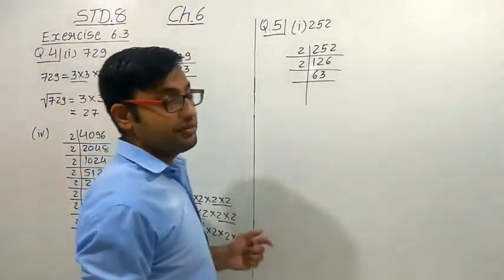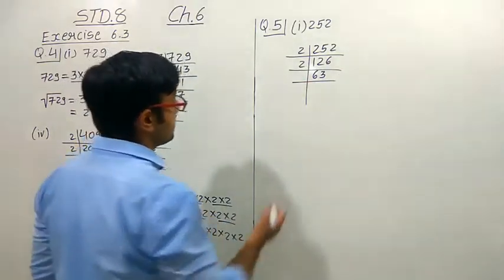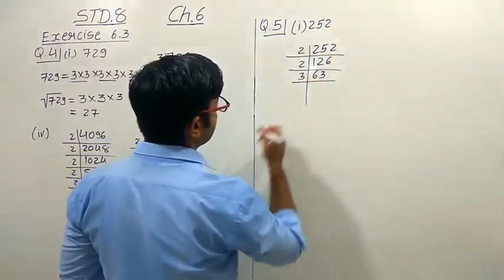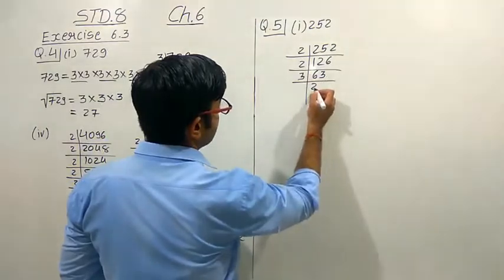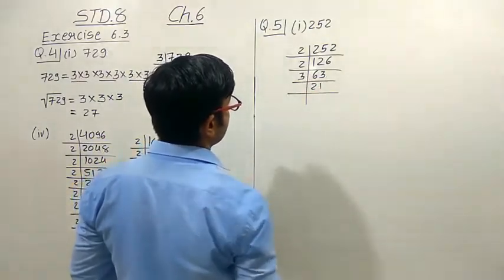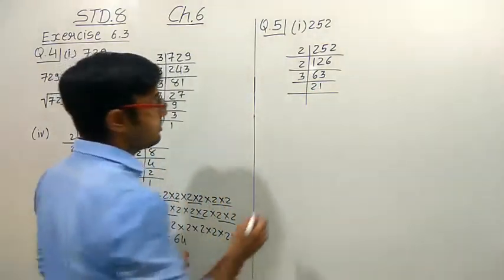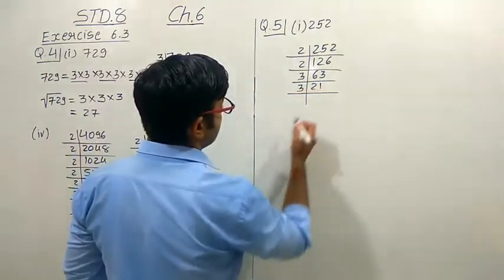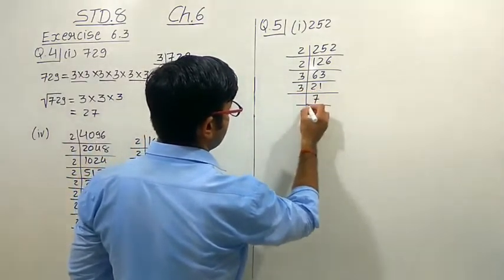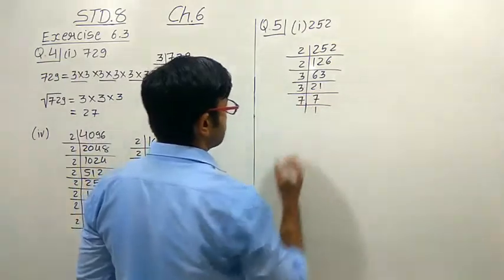Now this number is not divisible by 2. Let us divide it with 3. We get 21. Now this number is again divisible by 3. So we get 7. Now we have to divide it with 7 only.